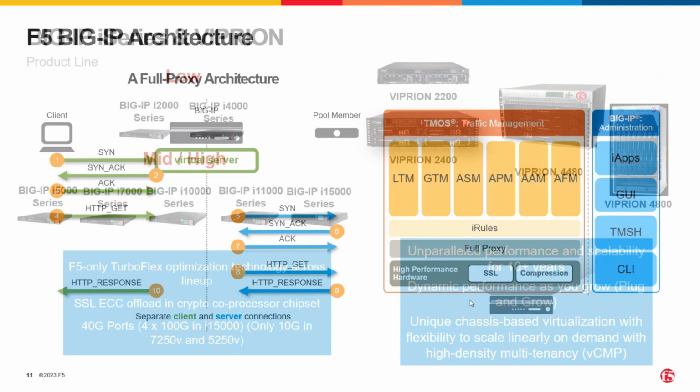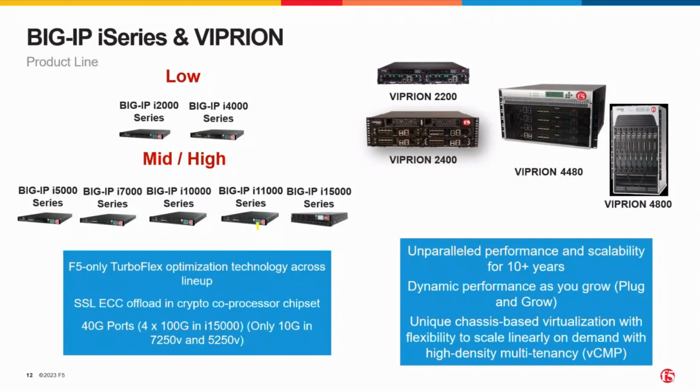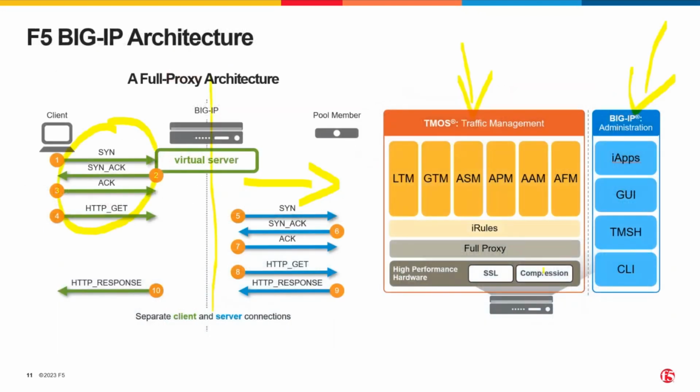And everything here is running on one platform, of course. This can be a physical platform. As you can see here, there are many different models for existing devices. Most of those platforms are already out of sale. This is the iSeries and VIPRION. So everything here is running this kind of solution for today.